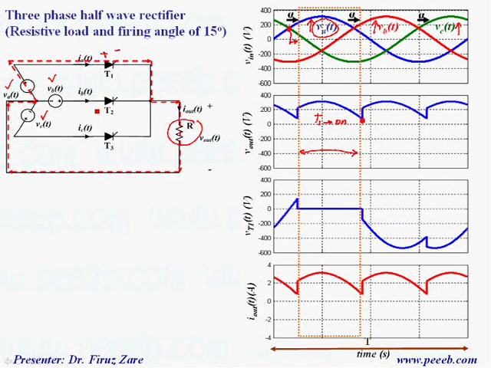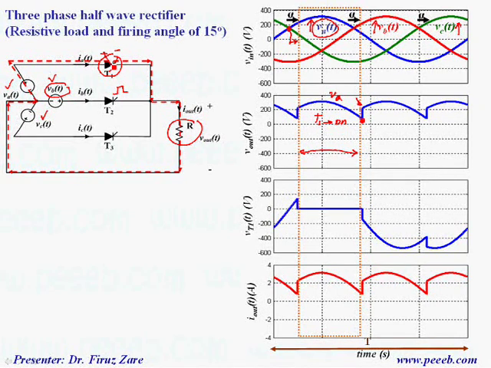In this scenario, when we apply the gate signal, phase B is greater than phase A, but because this thyristor conducts, the voltage across the resistor is still phase A. But at this time, because we apply a gate signal to the second thyristor, the voltage across the first thyristor becomes negative, so we turn it off.